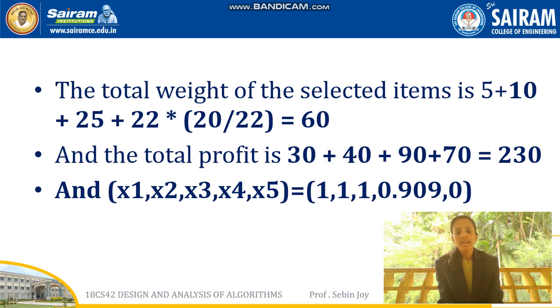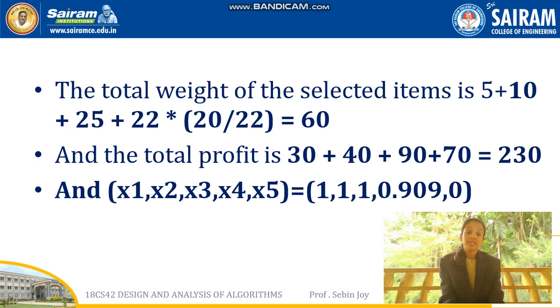If it is less than the remaining capacity, we will put x is equal to 1. x is equal to 1 means we can completely put that item into the knapsack. And then we will find the remaining capacity and the profit by adding that element. After that, we will take the next item and check whether the weight is less than the remaining capacity. If it is less, x is equal to 1.